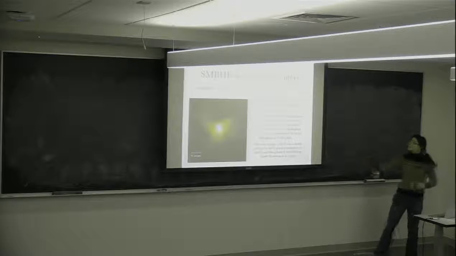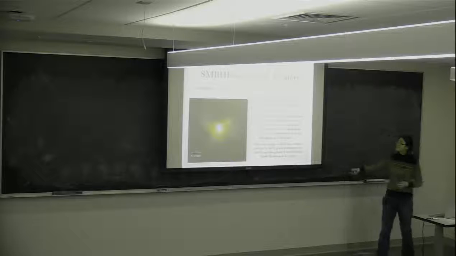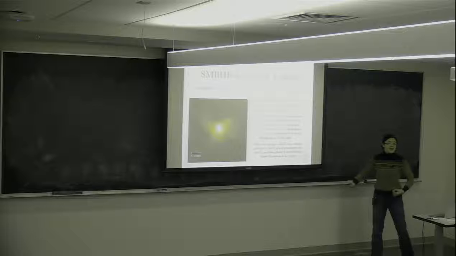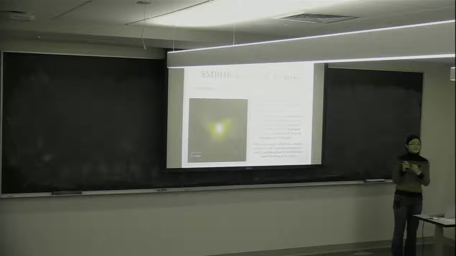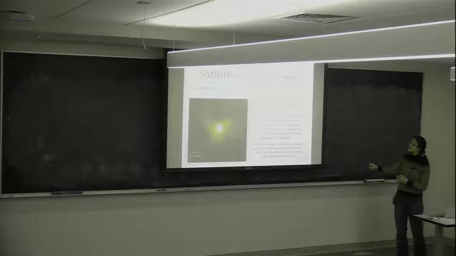At a large distance, at the kiloparsec scale, which is around kilo light years, this kind of supermassive black hole pair has been directly imaged. At shorter distances, it's very difficult to resolve these scales by direct imaging.